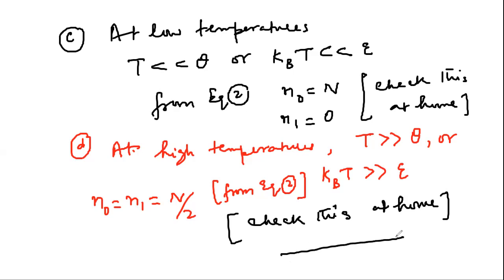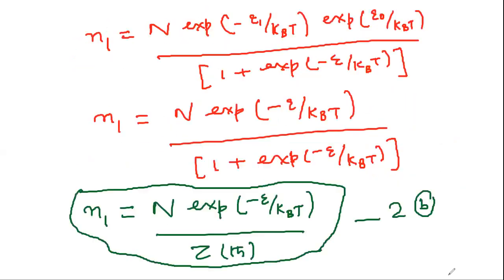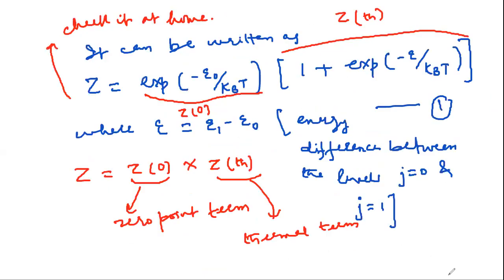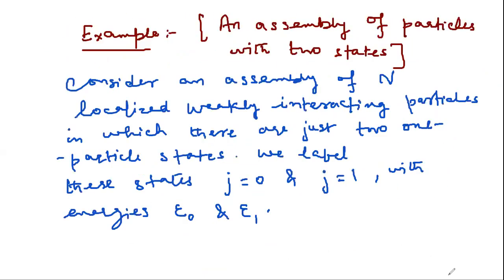So before leaving, I will just summarize our results. What we did today, we considered an assembly of particles with two states. Sometimes we call this assembly a spin half solid.